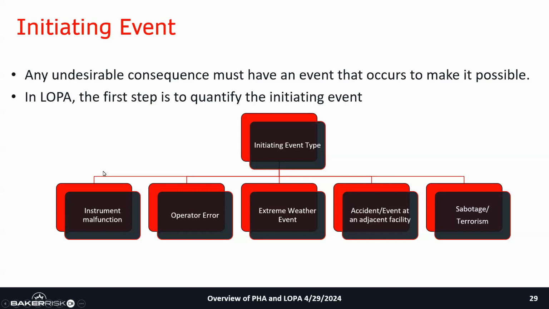We talked through this: there are different types of initiating events. You've got instrument malfunction, human error, extreme weather event, etc. So the LOPA methodology provides general initiating event frequencies that you can apply to each failure type.